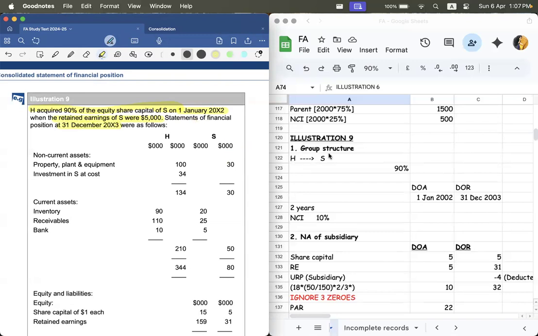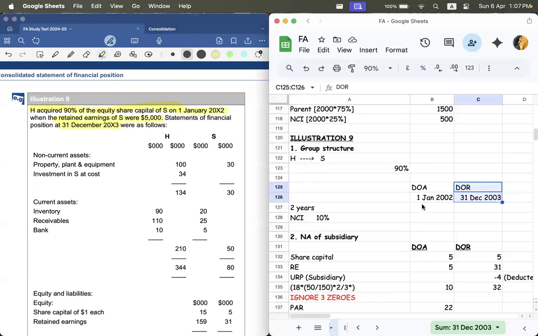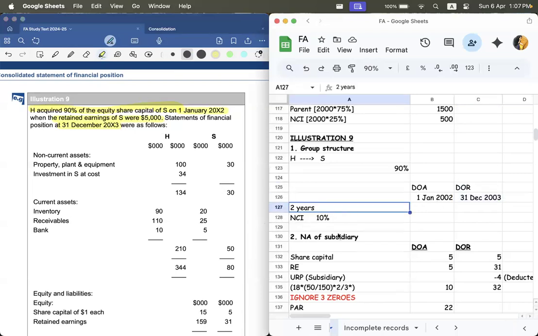From here, we get the group structure: H acquires S, it is 90 percent, then NCI is 10 percent. The DOA is 1st January 2002 and the DOR is 31st December 2003. It has been 2 years since acquisition, so it is a full accounting year. There is no time apportionment.